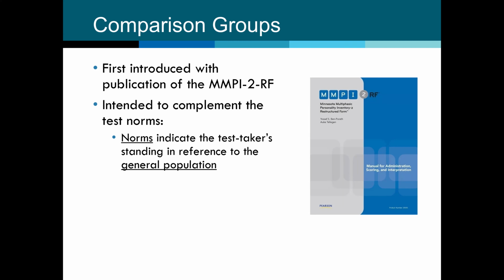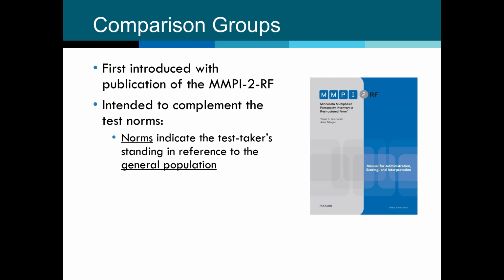When we use the term norms, we're referring to the standard scores that indicate the test taker's standing on the scales of the MMPI-2RF, or now the 3, in reference to the general population, to our normative sample that is intended to represent the general adult population of the United States, or wherever the comparison group may be from.